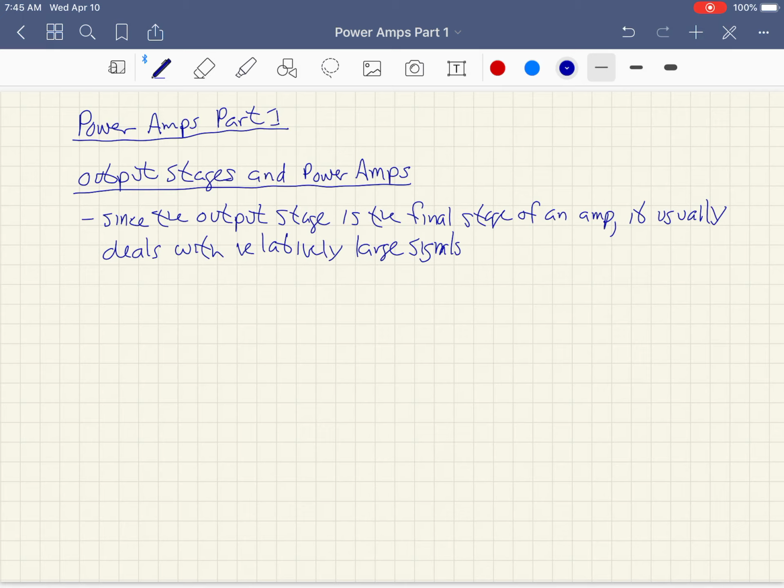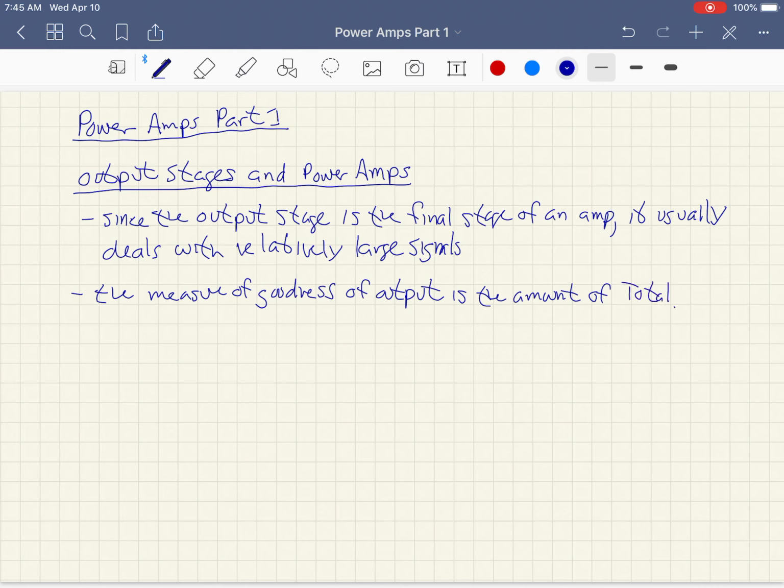So basically the measure of goodness when it comes to an amplifier, that's a technical term, goodness, we can say of output is the amount of total harmonic distortion. Maybe you've heard this term before.